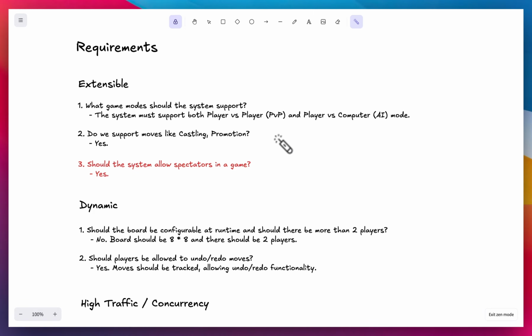Instead, that move logic should be injected into the pieces which would be using that move logic. Okay. So for example, we also have en passant. That is one type of move.